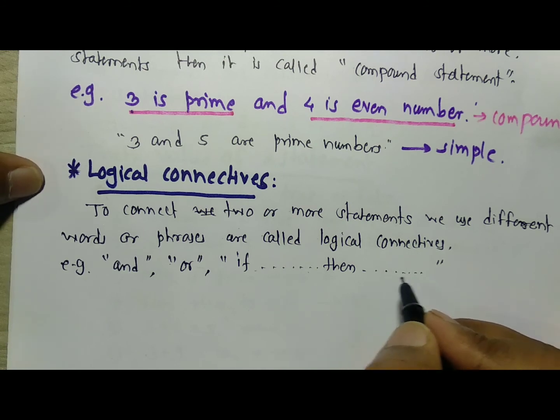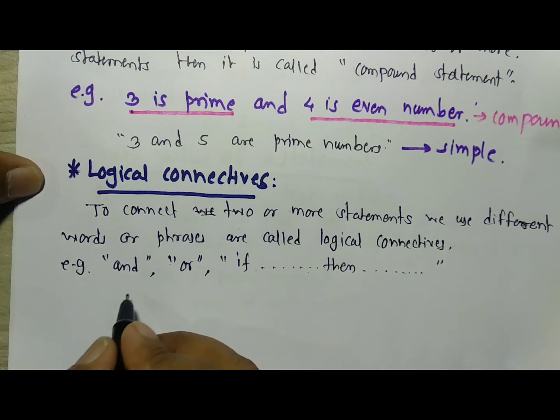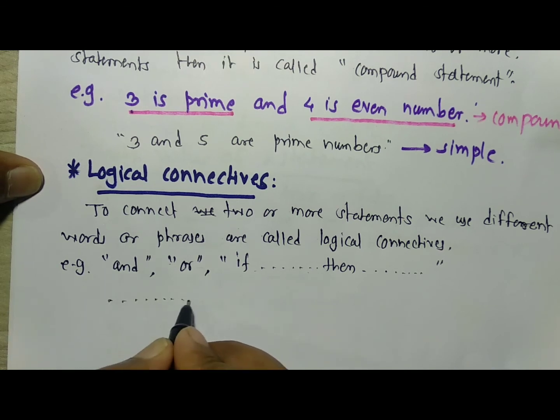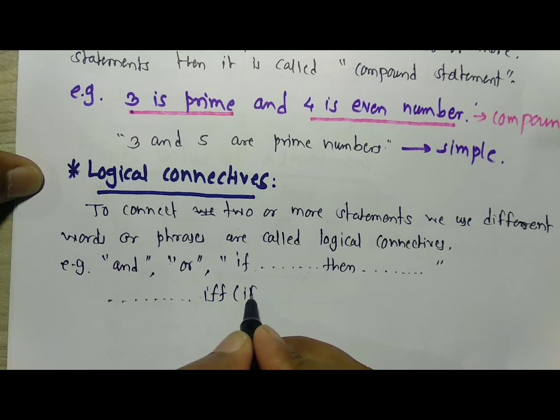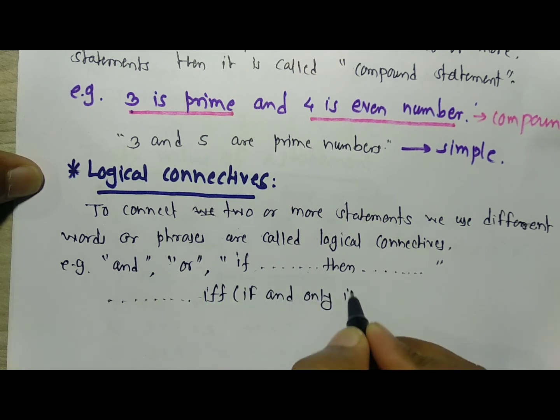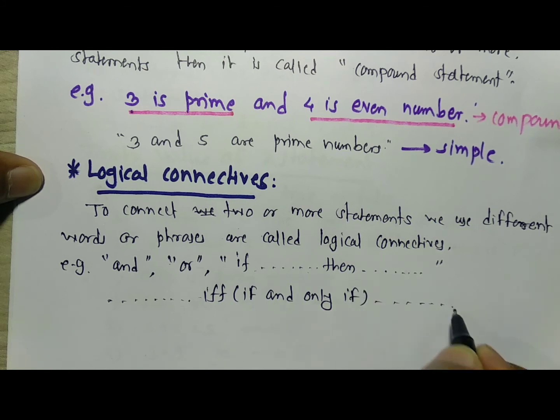Then there is if and only if, placed between the first statement and the second statement. Another one is the single connective not. It is a negation related to the statements. For example, Rama eats a mango, Rama does not eat a mango.